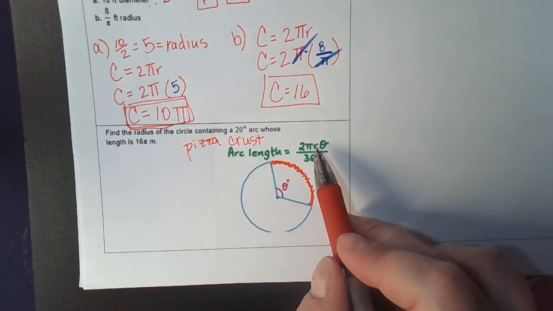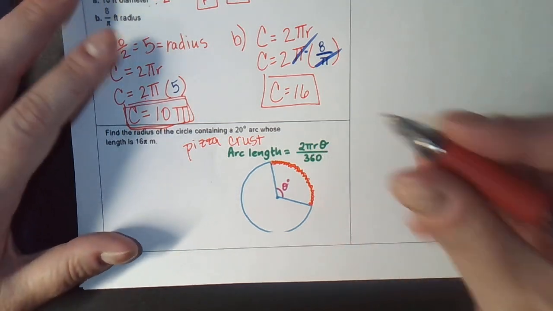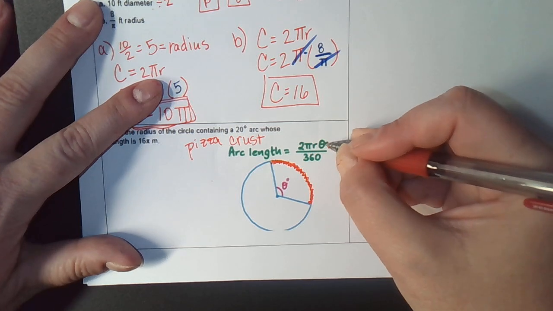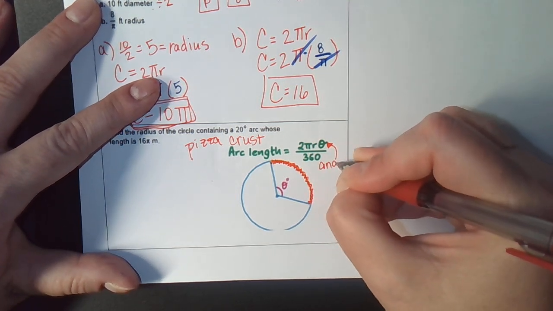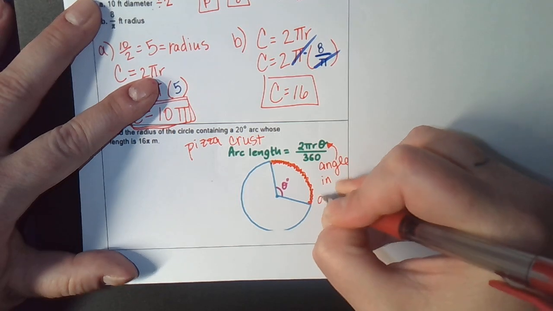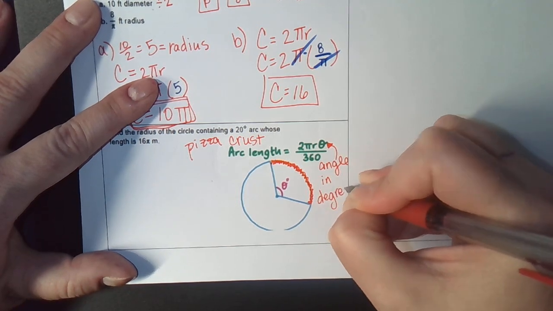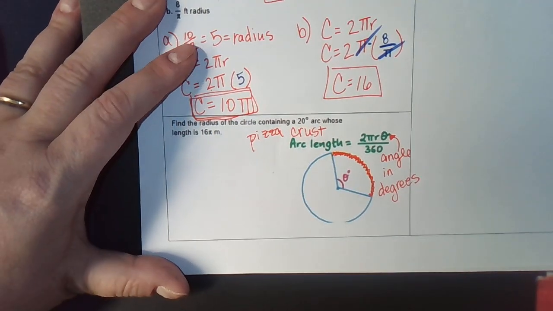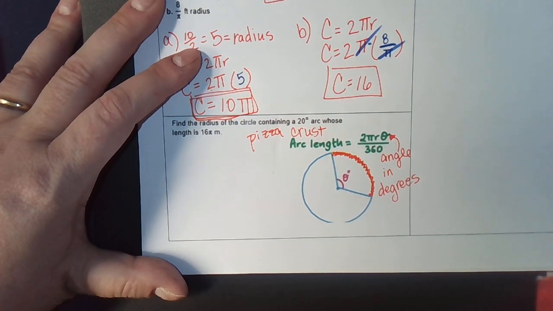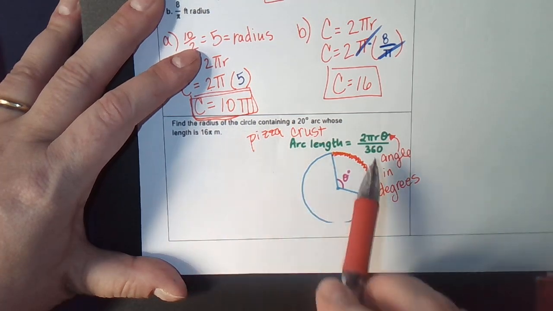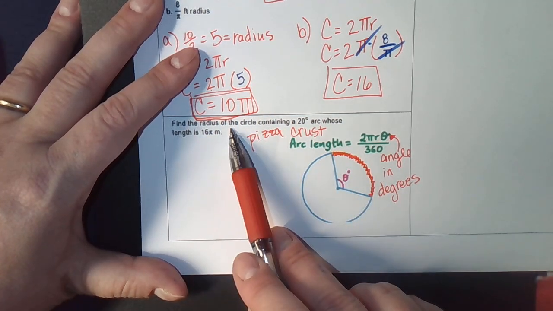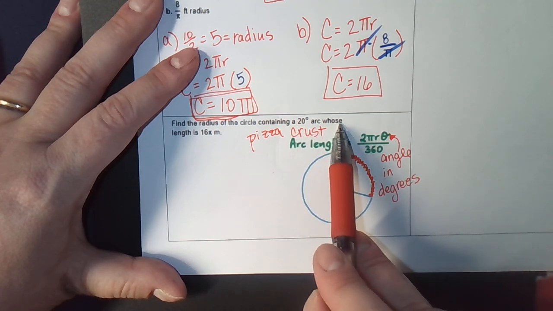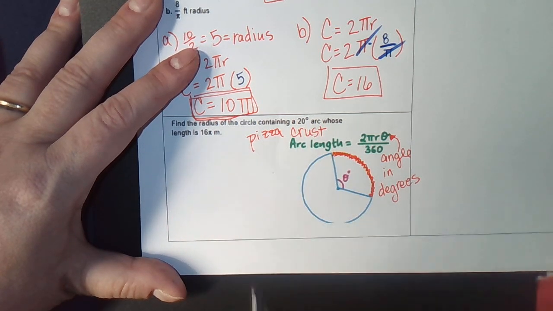Okay. So anyway, r represents radius. Theta, or that 0 with the cursive looking thing, that's the angle in degrees. Okay, so let's find the arc length. Let's do what the problem says. Find the radius of the circle containing a 20-degree arc whose length is 16 pi.